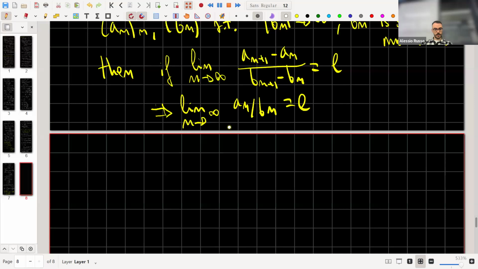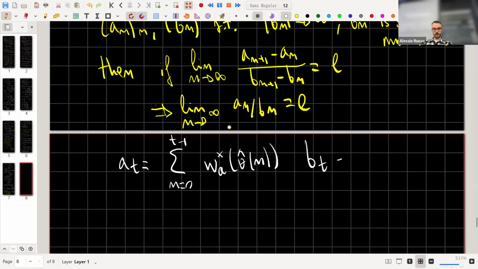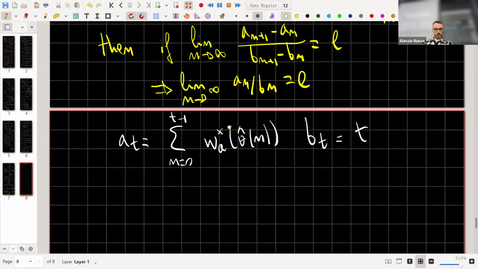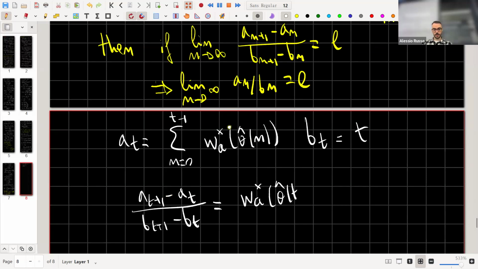So we're going to set at to be the sum from n equal to 0 to t minus 1 of WA star at theta n, and bt is simply t. So when we do at plus 1 minus at divided by bt plus 1 minus bt, what we get is simply WA star of hat theta t.